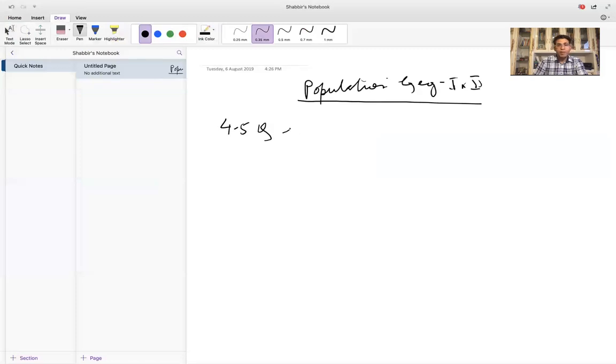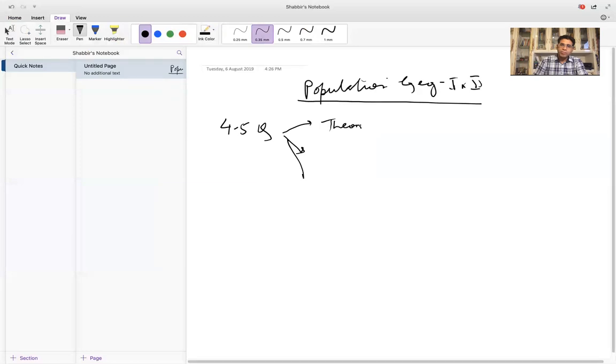So the 4-5 types of questions include, number 1, they can ask you on theories. So Malthus theory, DTM theory, your Marxian theory, and they have been asking consistently, but you'll have to add a few more theories so that your answer stays enriched.